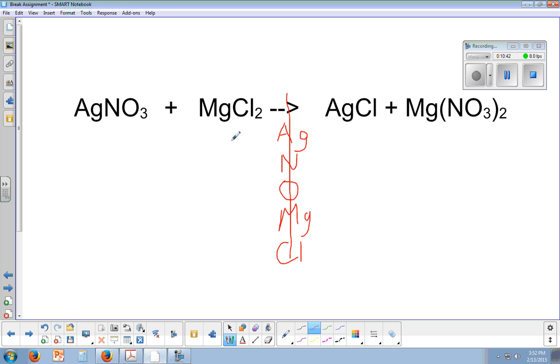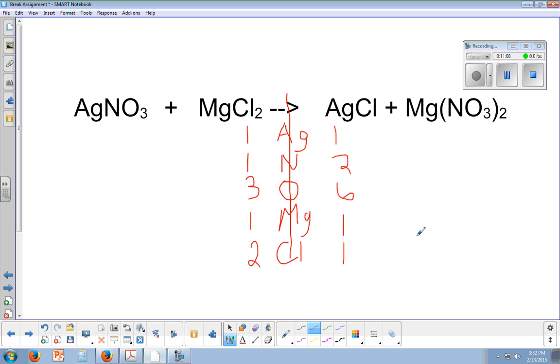So we have one silver, one nitrogen, 3 oxygen, 1 magnesium, and 2 chlorine. On this side, I have 1. Nitrogen is 2 times 1, which is 2. Oxygen is 2 times 3, which is 6. My magnesium is 1 and chlorine is 1. So looking at this, we have a couple of things out of balance: nitrogen, oxygen, and chlorine.